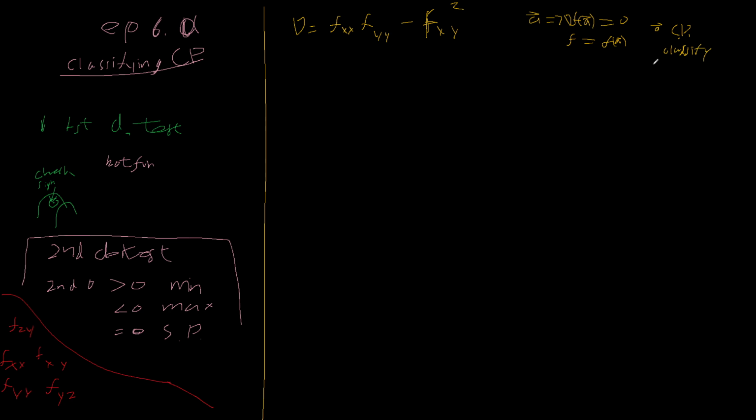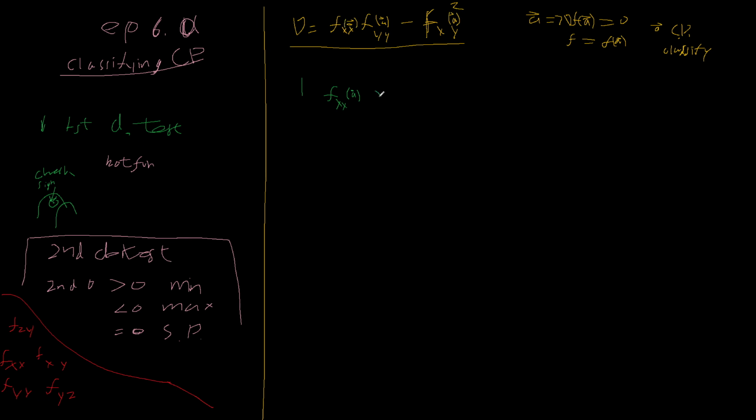We're going to use D equals f_xx f_yy minus f_xy squared. Remember, all of these are evaluated at A.